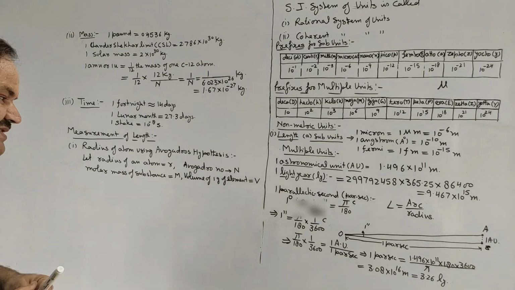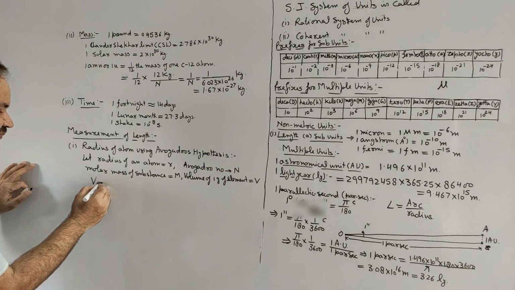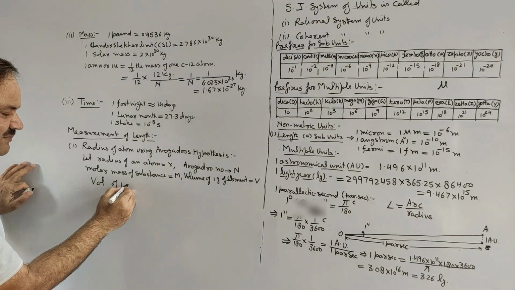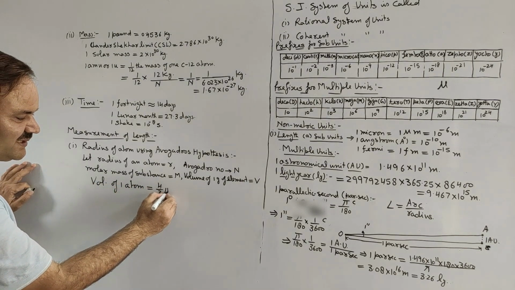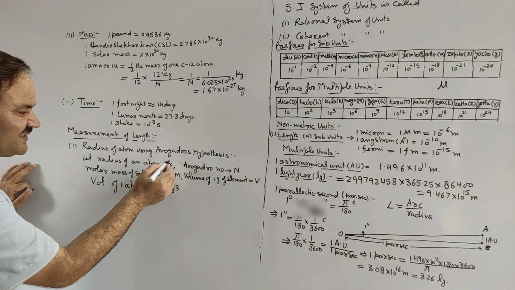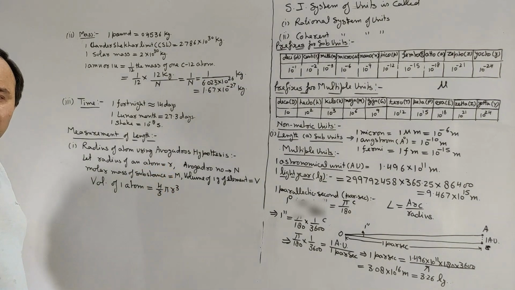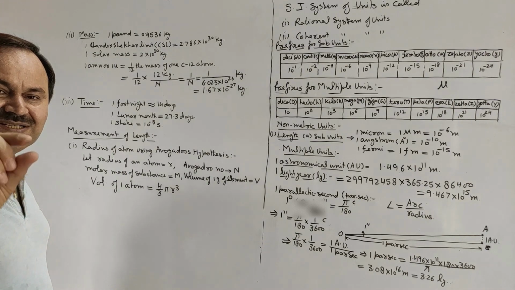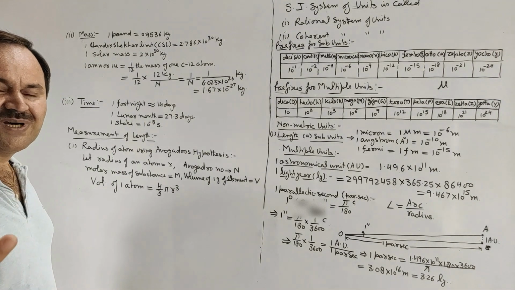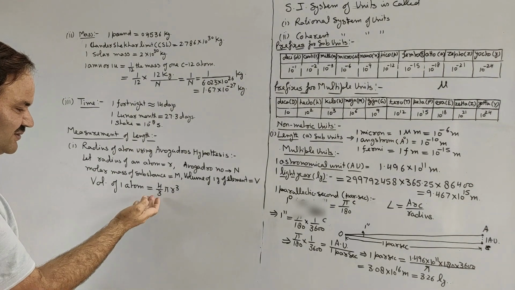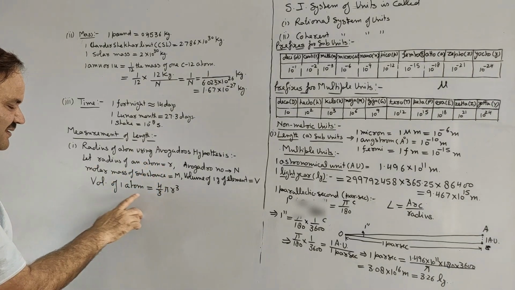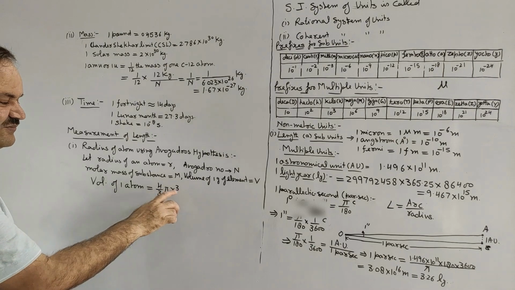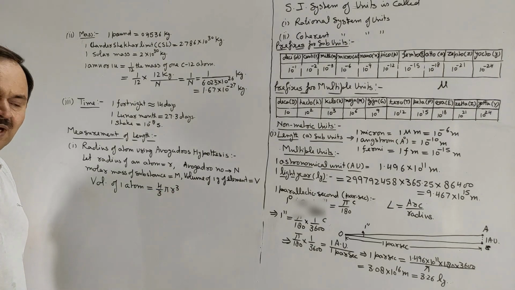Then first volume of one atom will become 4/3 pi r cube, because radius is r and size is too small, that for that size no other shape can be considered. So we are assuming the atom to be a perfect sphere, and then volume of one atom will be 4/3 pi r cube.